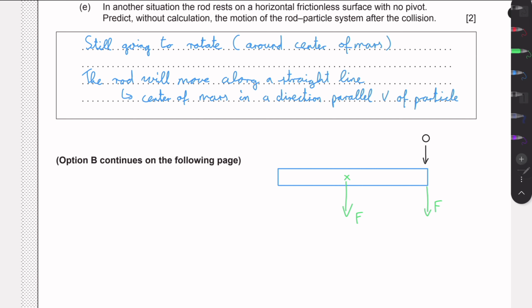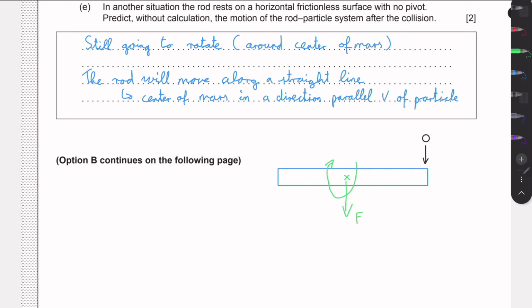But if we reposition a force, we also need to create a torque for it, because this force has a torque around this point. So if we want to replace this force with some force in the middle of the rod, we can move the force over here.